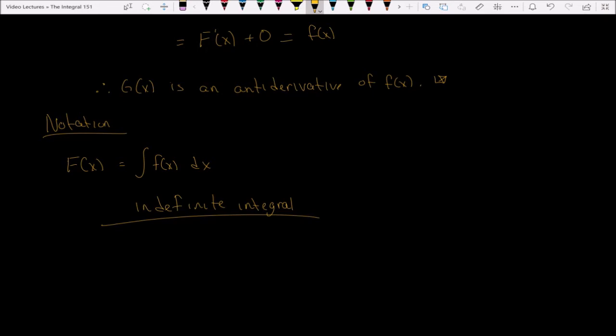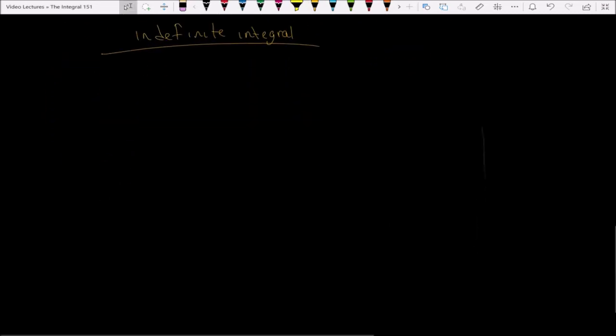It will sometimes be read as the integral of f of x dx. So it could be read as the antiderivative of f of x or the integral of f of x dx. We will now look at some basic antiderivatives based on the derivatives that we have previously studied.